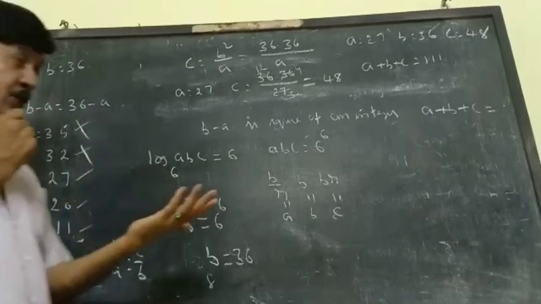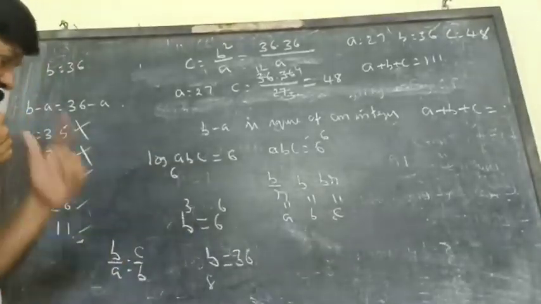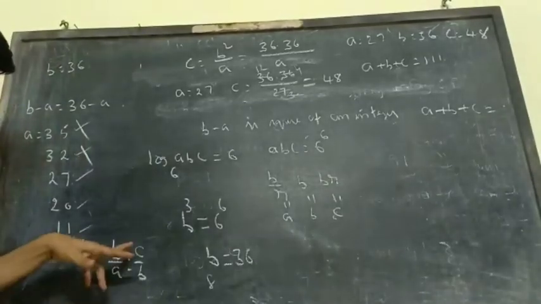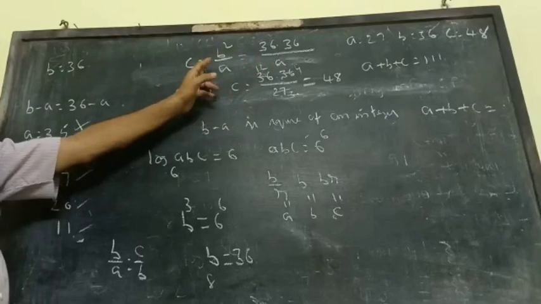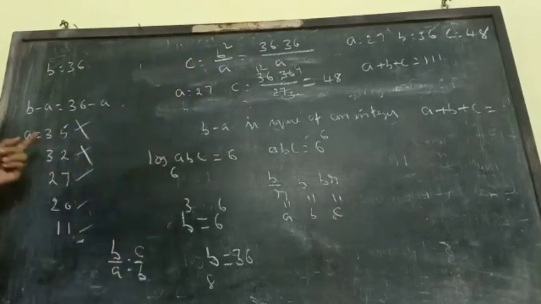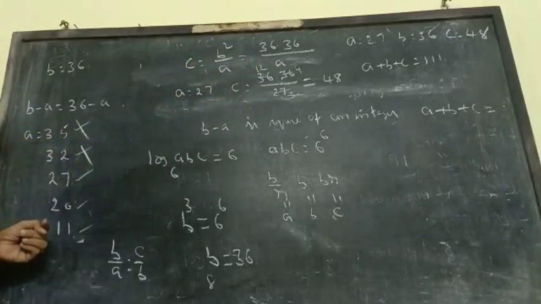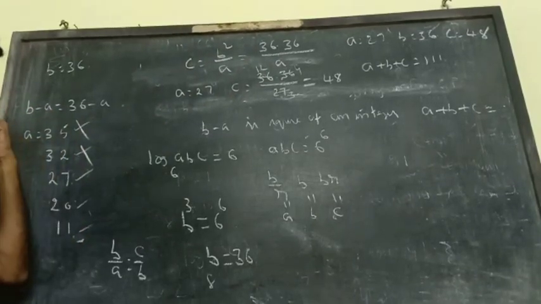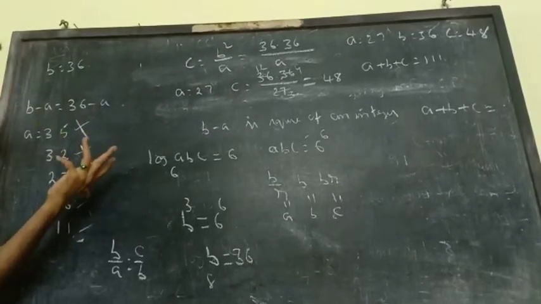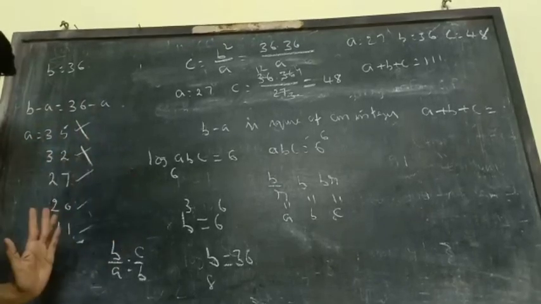Then C value. Remember C is also an integer. How to calculate C? C is equal to B square by A. Substitute the B square value, but A has various values like this. Among all these values, which will give C a positive integer, that you have to inspect.